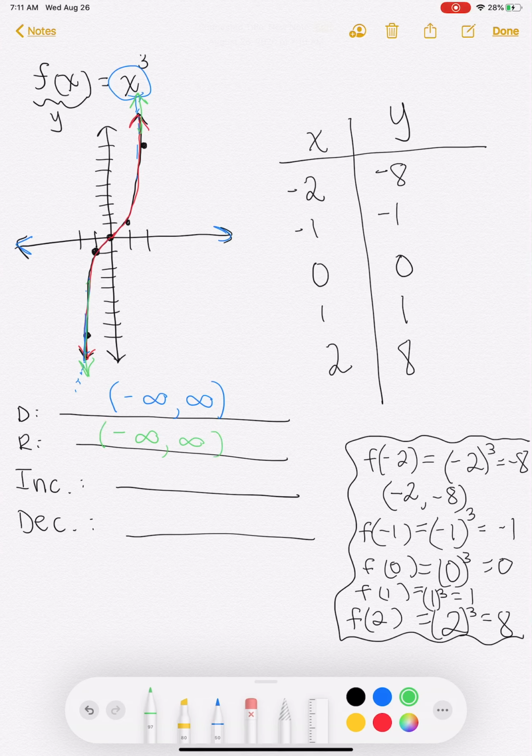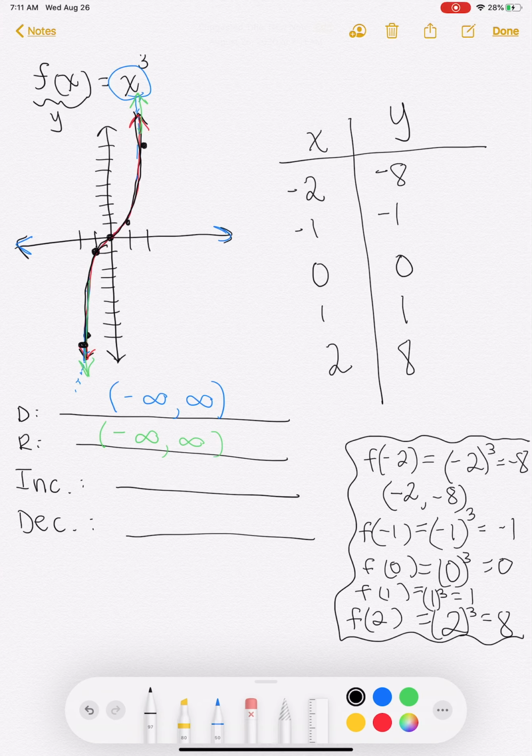All right, now increasing. It's asking for what intervals are we increasing? So think as we move left to right. That's how we read our graphs, just like we read. As I put my pen on this graph and move to the right, notice I'm not going down at all. At every point, I'm going up.